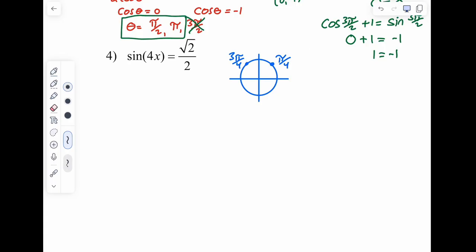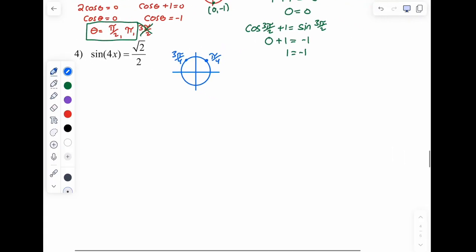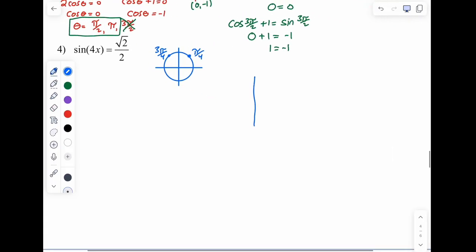So let me show you graphically. You don't have to write this down. You can just watch this. This is not our method of doing this problem. But this is what sine x looks like.